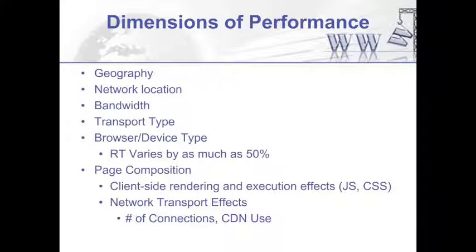Obviously, bandwidth is a big issue. We buy our internet services usually on the basis of bandwidth, and we'll see whether that makes sense a little later in the talk. Transport type, are you on a mobile device? Are you on a Wi-Fi connection? Browser type matters. People ask me how much difference there is between browsers, and I've seen differences as much as 50% for the same page in two different browsers.